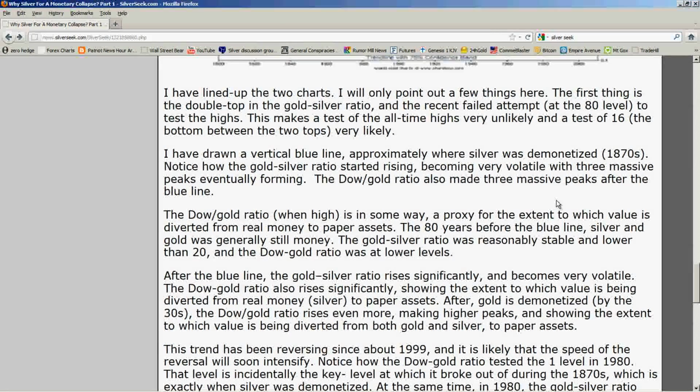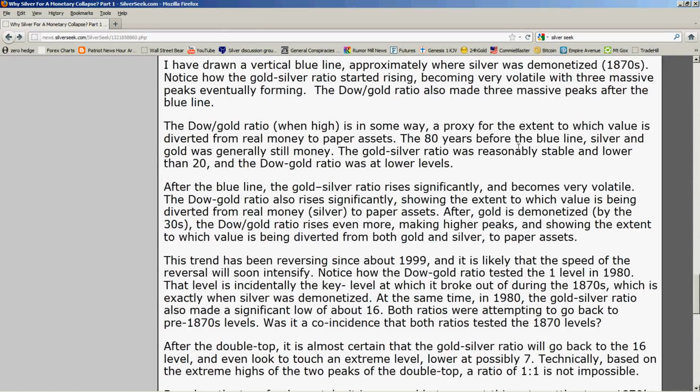The Dow-gold ratio, when high, is in some way a proxy for the extent to which the value is diverted from real money to paper assets. The 80 years before the blue line, silver and gold was generally still money. The gold-silver ratio was reasonably stable and lower than 20, and the Dow-gold ratio was at lower levels. After the blue line, the gold-silver ratio rises significantly and becomes very volatile.